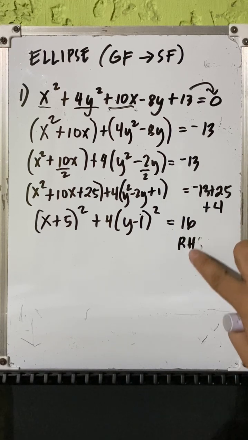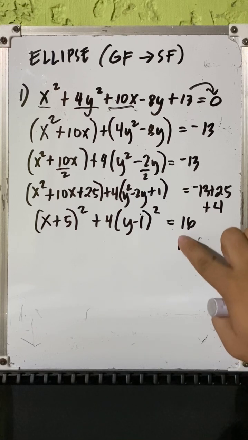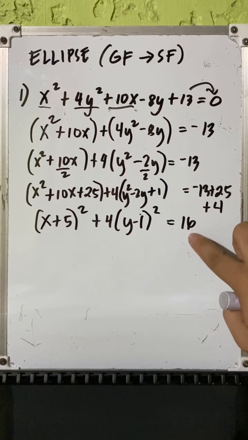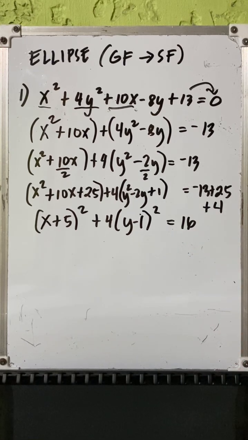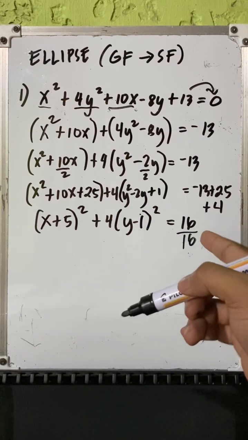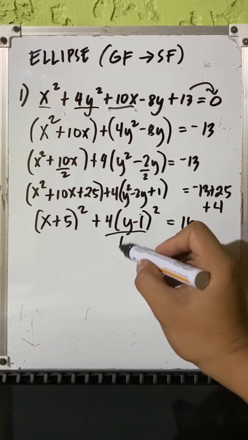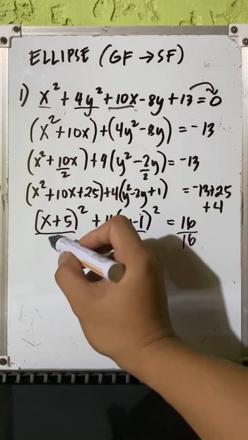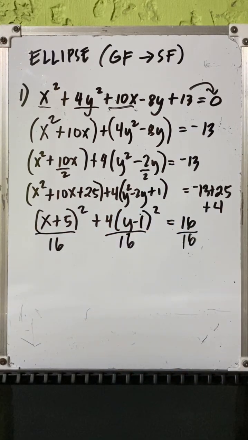So you need to divide this 16 by the number which will make it 1. That is 16 divided by 16. But since you divide by 16, you also need to divide the other side by 16.